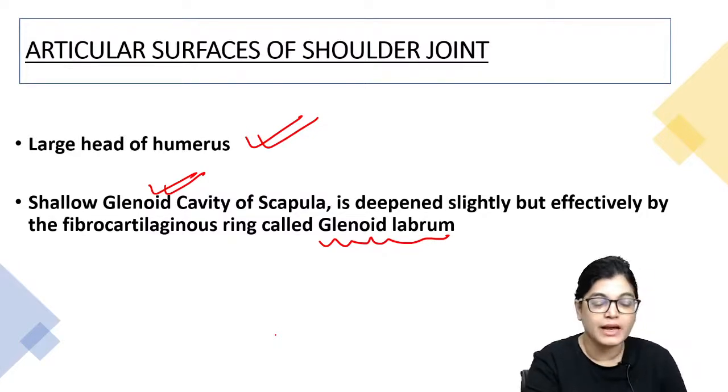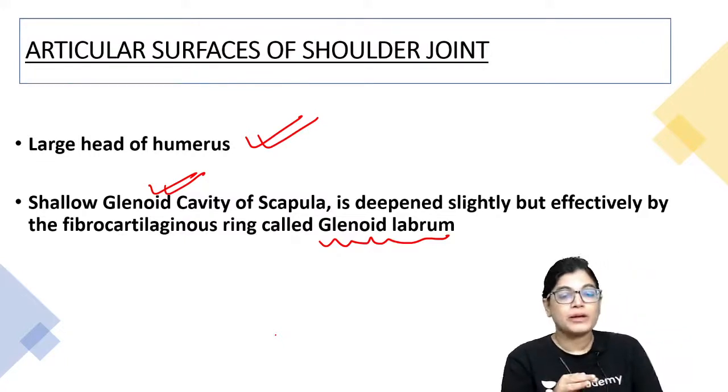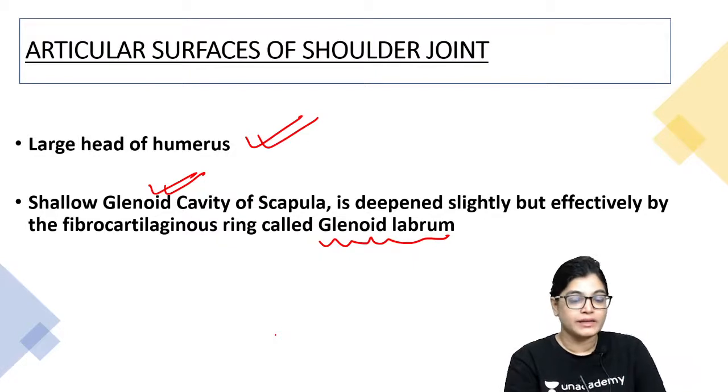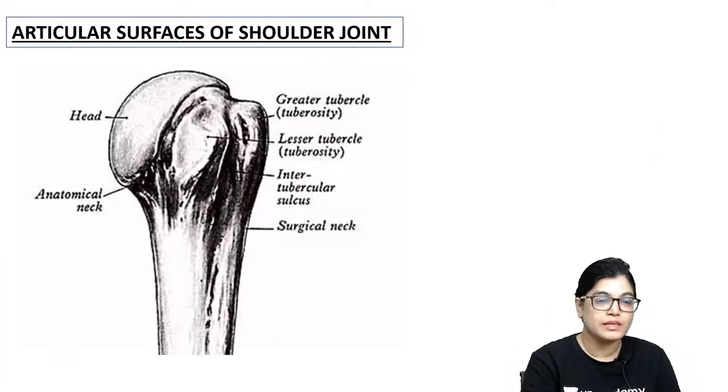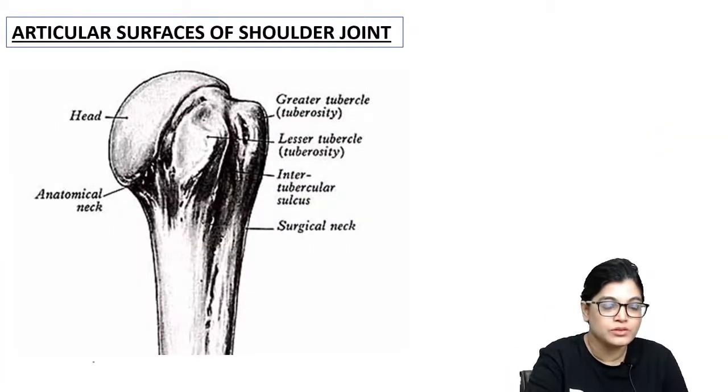I would also like to show you the diagram, because when you see pictures and diagrams, it becomes easy to understand the content. As I told you, the head of the humerus, so please see this diagram.